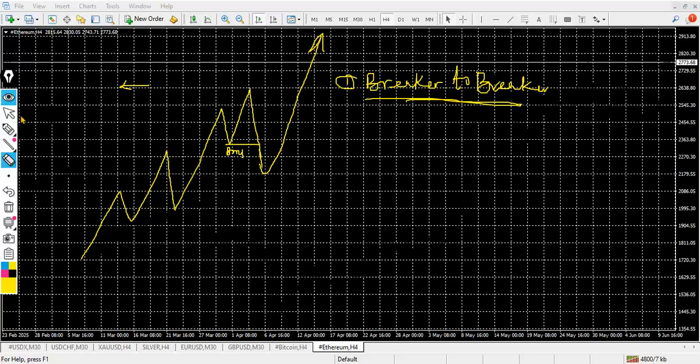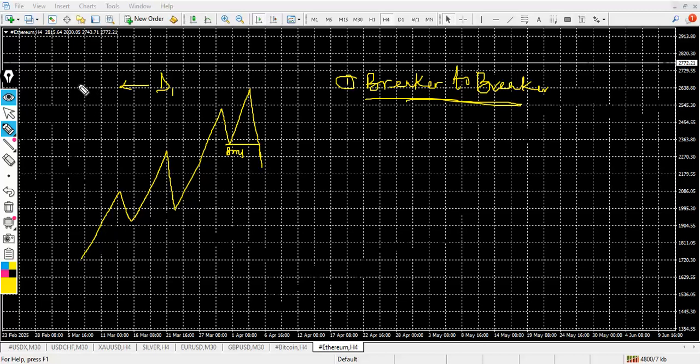The time frame that I'm observing now is daily time frame, and it gave me a bearish break of market structure to the downside. That is a bearish breaker.